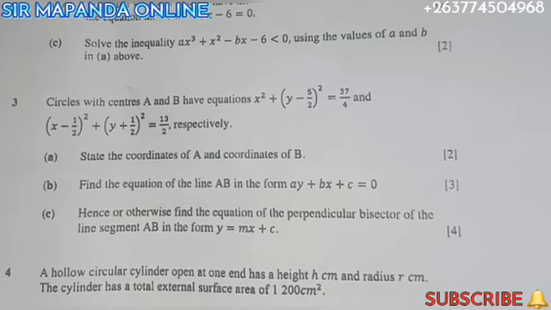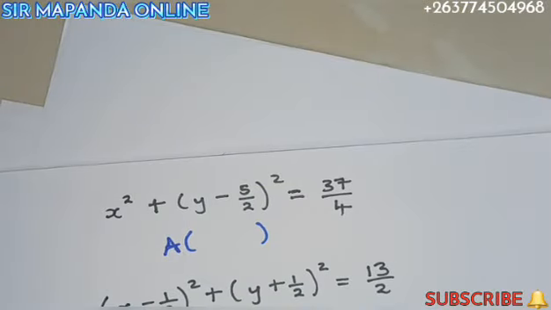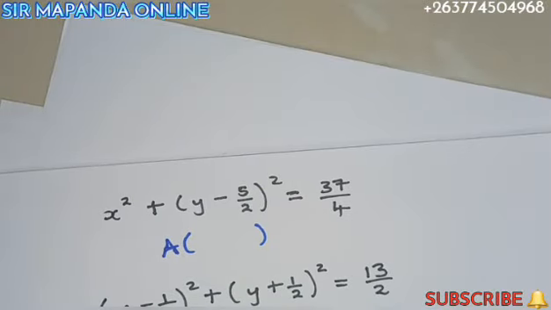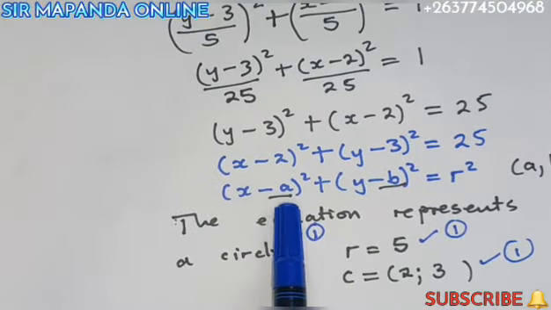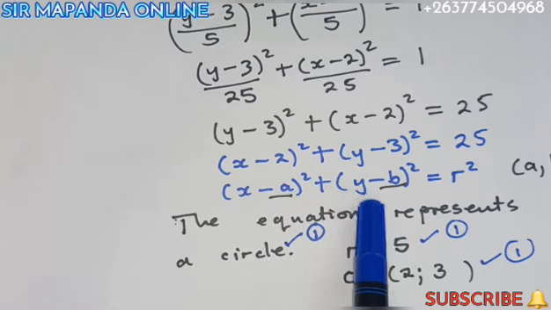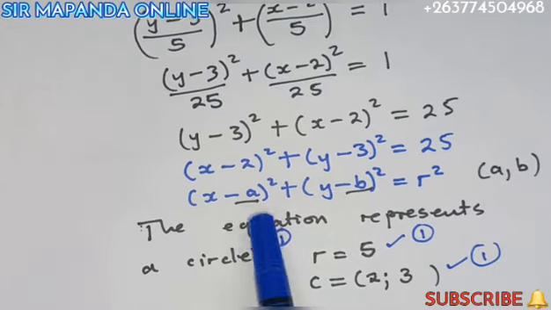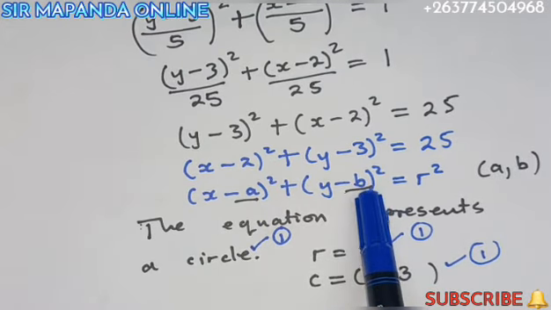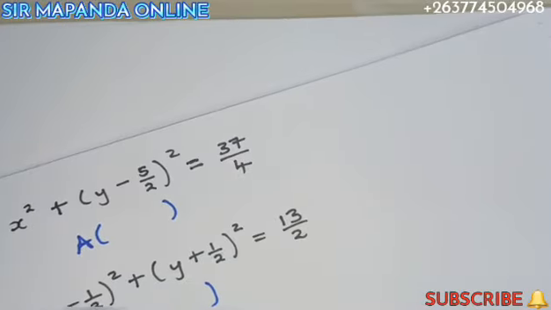State the coordinates of A and the coordinates of B. So like what we mentioned earlier on in the first part of the question, if you have the equation of a circle in this form, x minus a squared plus y minus b squared, your center is going to become AB. You simply change the sign of the number inside the bracket. I hope you are listening, class.